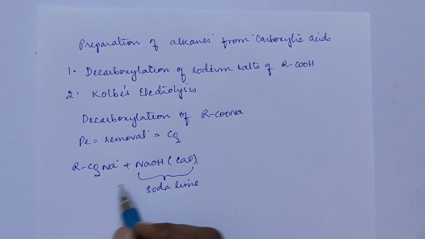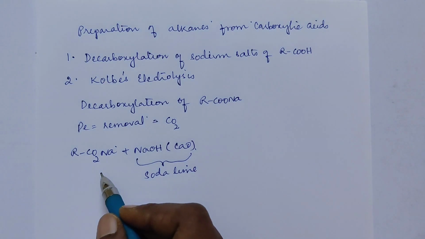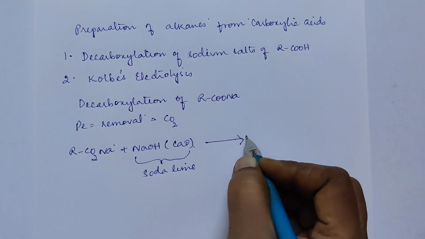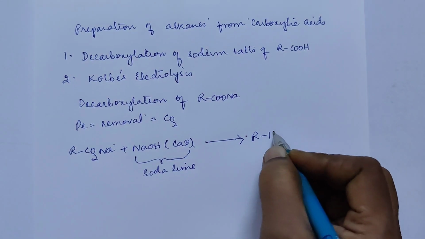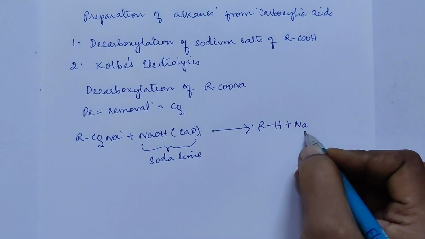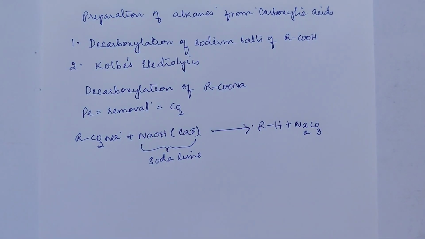So when you treat sodium salts of carboxylic acid with soda lime, then we get an alkane and sodium carbonate as the byproduct.